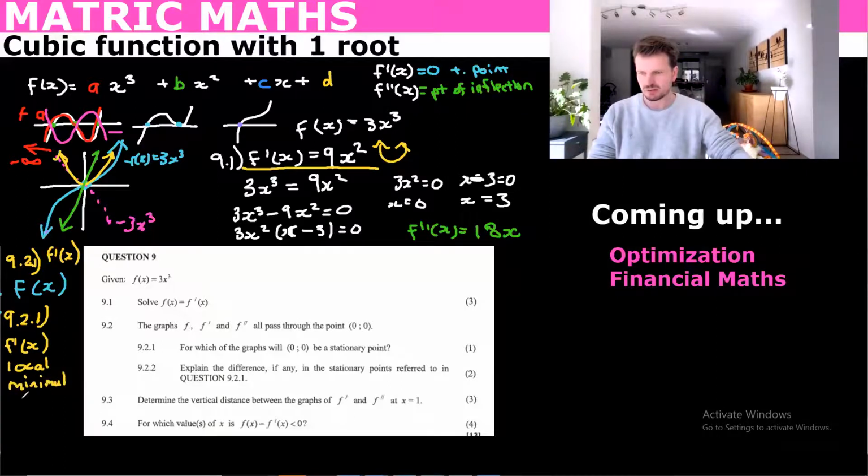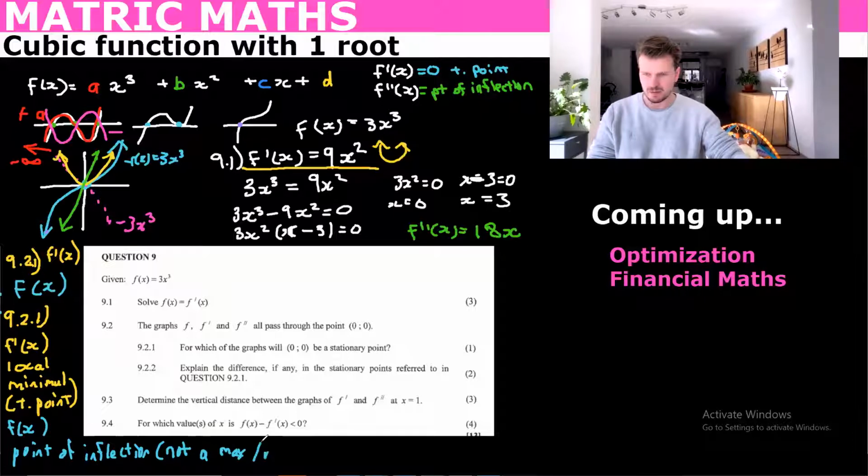Or the stationary point is a turning point, we could also say. Whereas the stationary point for the blue graph is simply a point of inflection. So for f of x, it's a point of inflection. So it's not a local max or minimum, whereas the yellow was a minimum.